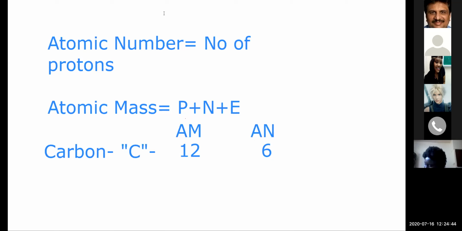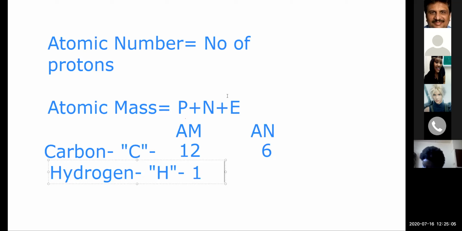Okay. In case of hydrogen, which is represented by single letter H, atomic mass is 1 and atomic number is also 1.